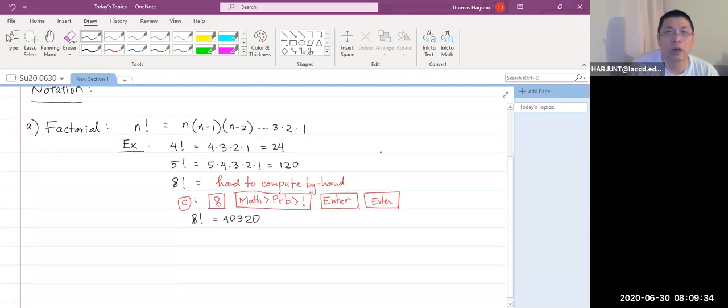Now I hope some of you are following me. Let me ask you to try 10 factorial using your calculator, and then 12 factorial. What do you get?